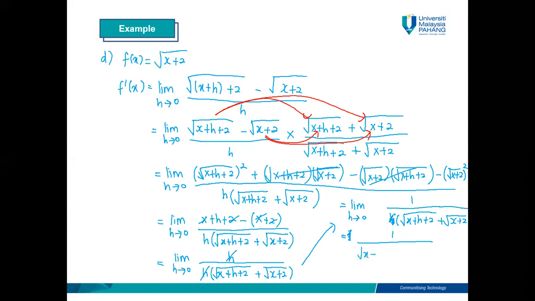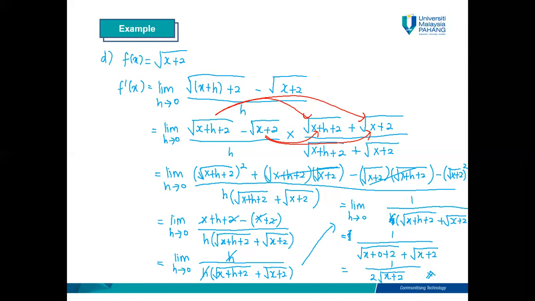Square root of x plus h adalah 0 plus 2 plus square root of x plus 2. So yang tinggal adalah 1 over 2 square root of x plus 2.